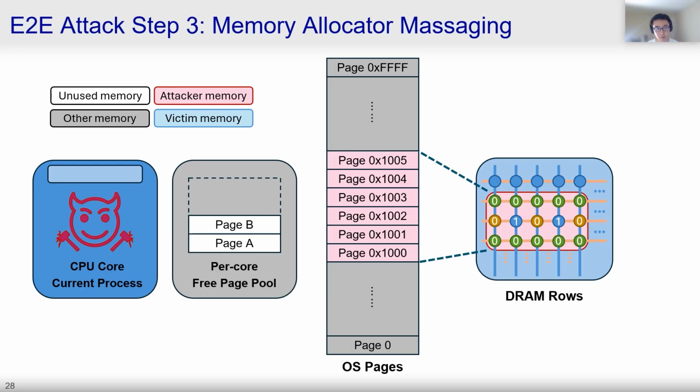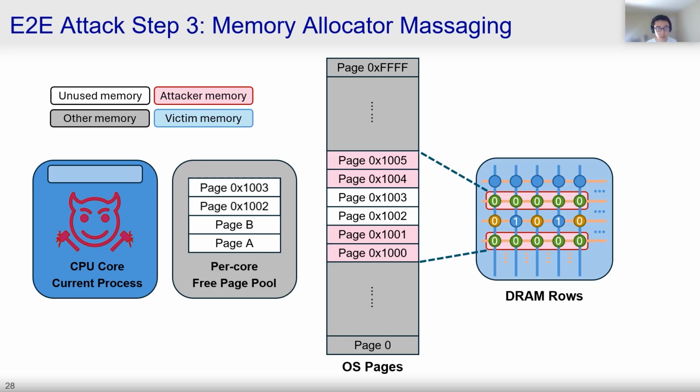In our case, since the attacker is doing DIMM templating, it owns many pages that are stored in DRAM across several rows. So to let the victim program place its memory on the victim DRAM row, the attacker process will first voluntarily free the pages that it owns that correspond to the victim DRAM row.